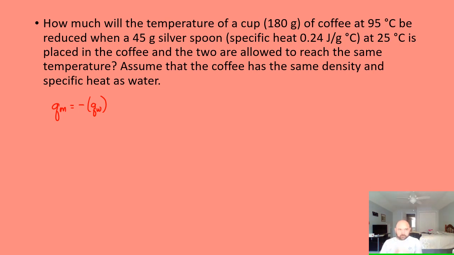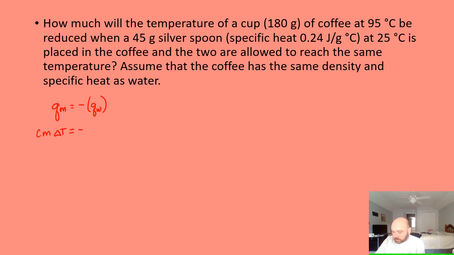And so we will calculate the heat absorbed by the metal, in this case, by taking the specific heat times the mass times the change in temperature for the metal.